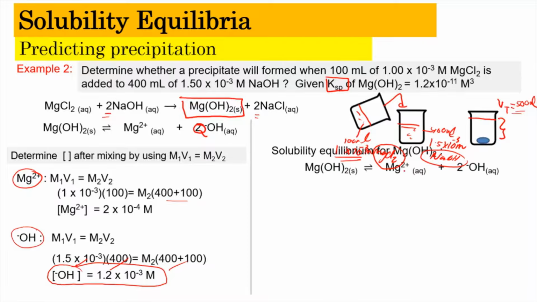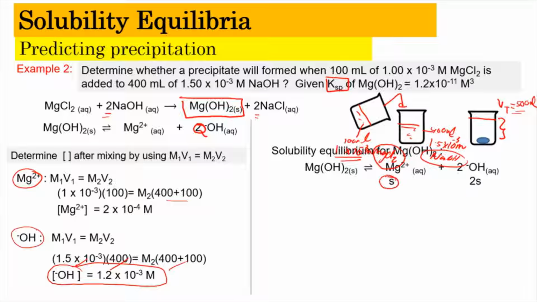And as mentioned, the solubility equilibrium for the magnesium hydroxide is MgOH2 solid in equilibrium with the Mg2+ aqueous ion as well as 2OH aqueous ion. And at the equilibrium, we're going to produce the molar solubility of S as well as the 2S following the stoichiometry.